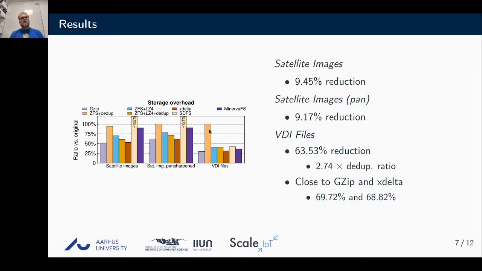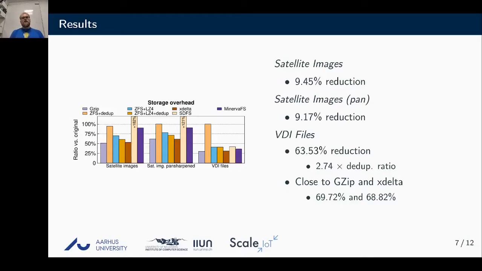ZFS is not able to provide any reduction in storage space. Now, that does not mean ZFS is not providing any deduplication ratio, which we'll see in the next slide for VDI files, but the reduction in storage or the deduplication ratio is killed by the scaffolding around ZFS, so linking bases to files and stuff like that.